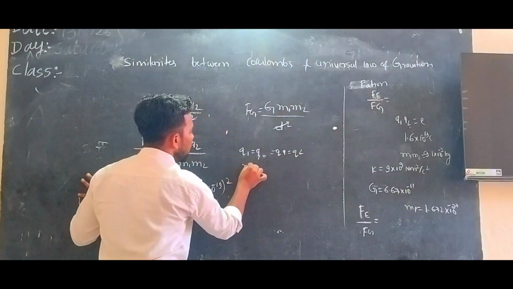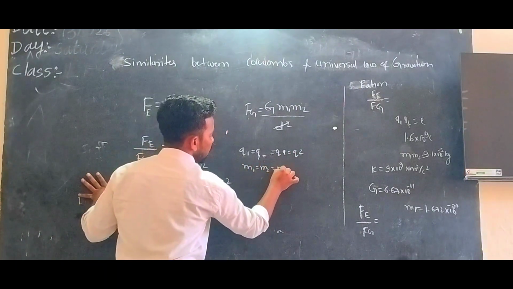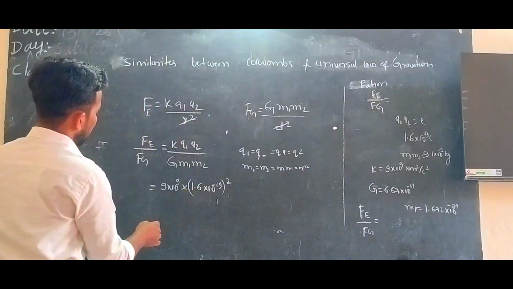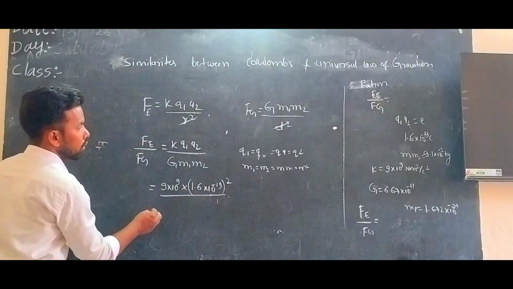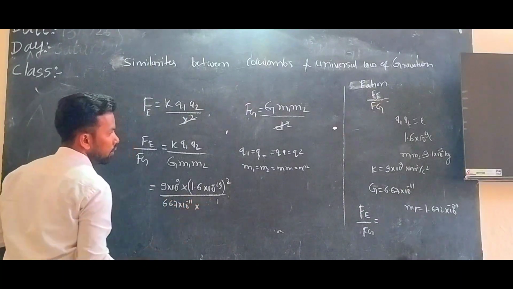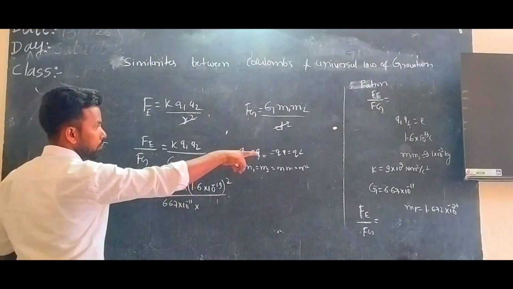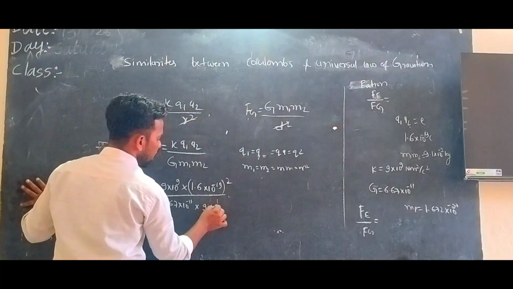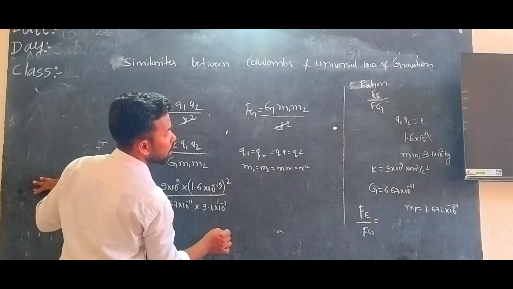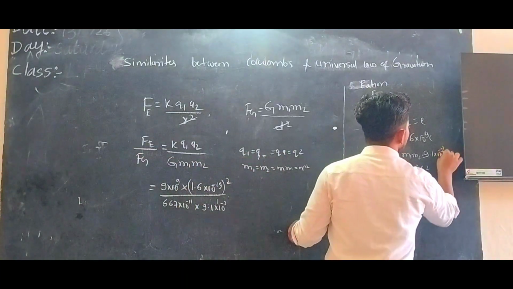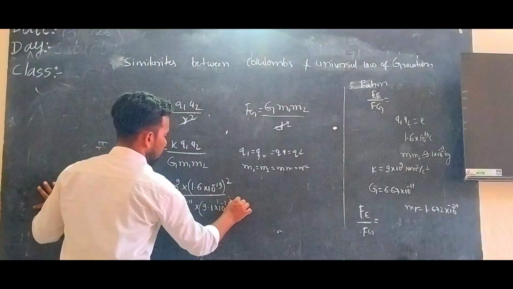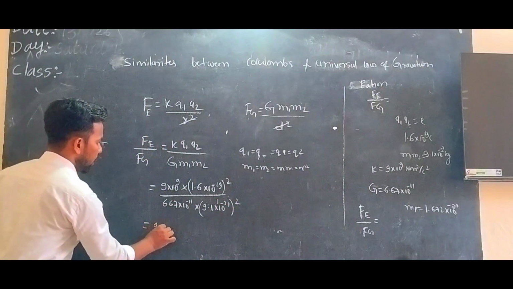Same M1 into M2, so M into M is M square. G value is 6.67 into 10 to the power minus 11 into the M value, 9.1 into 10 to the power minus 31. Now simplify. 9 into 10 to the power 9.